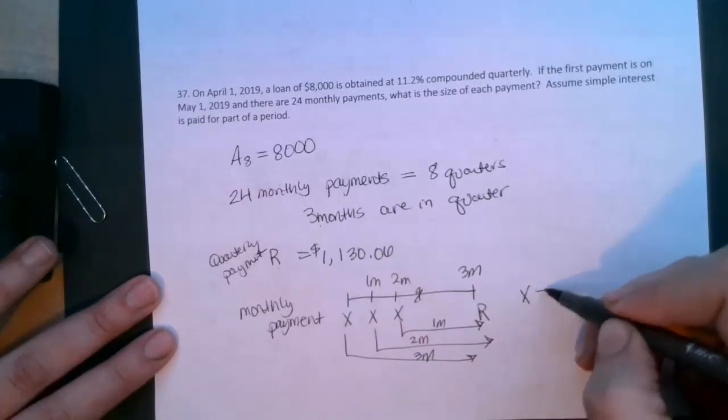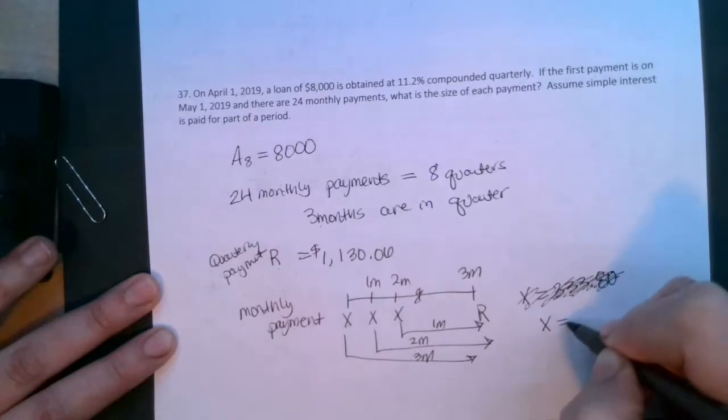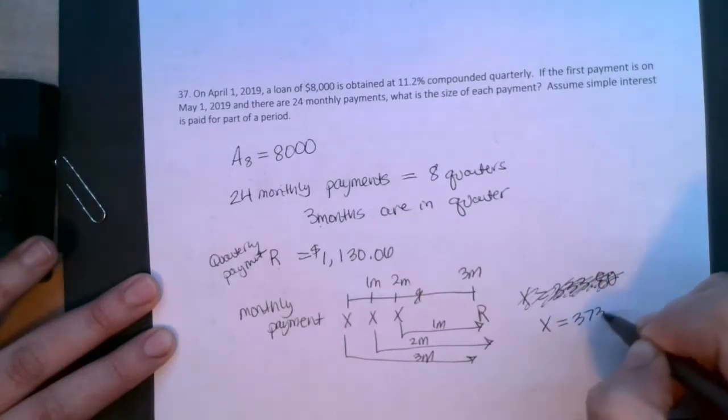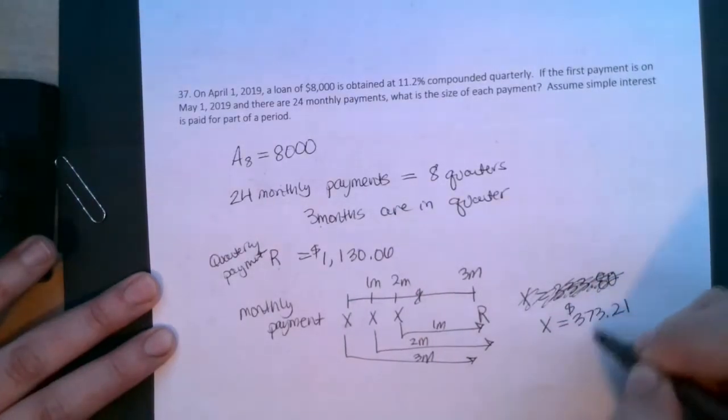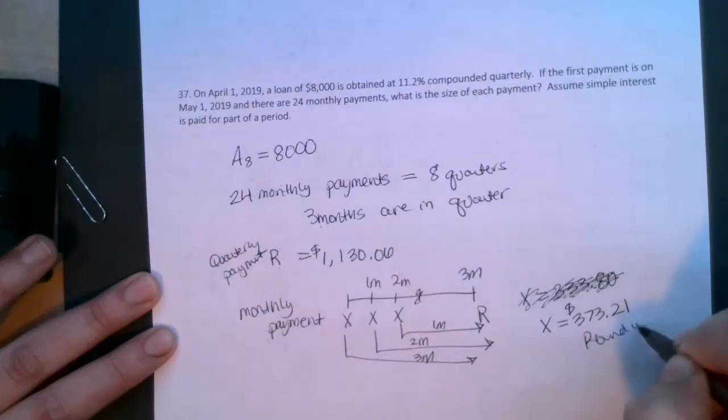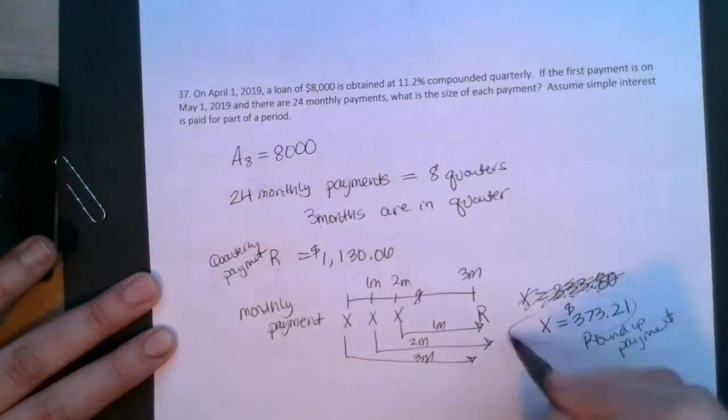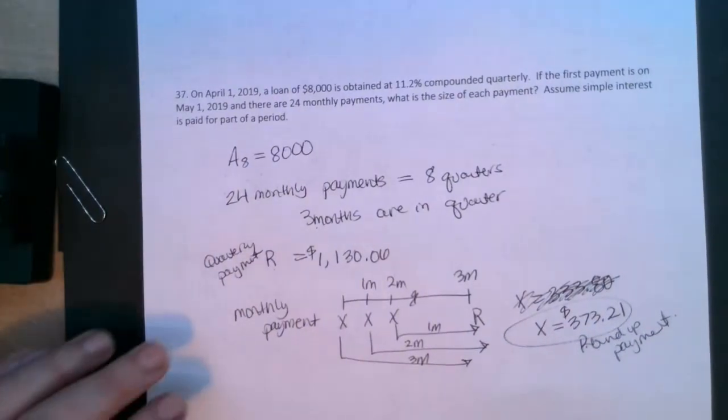And when you find X, you should get 373 and 21 cents. Again, we're rounding up the payments. Okay, so it should be your final answer.